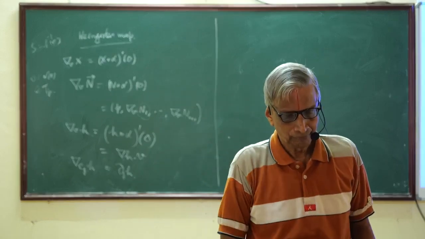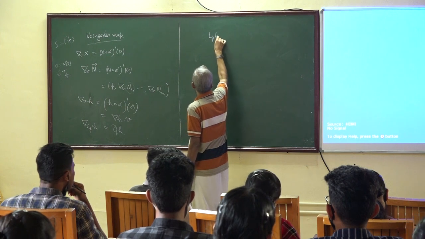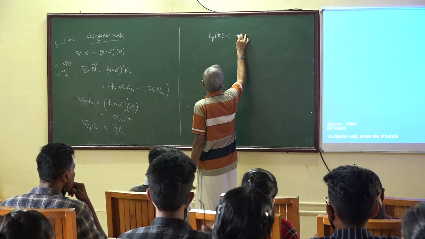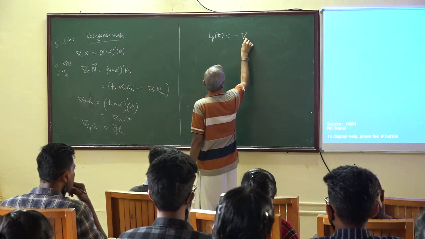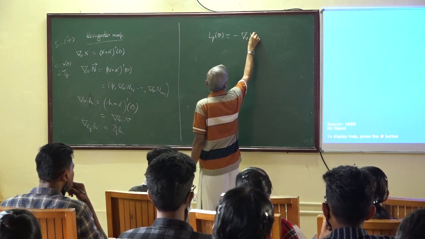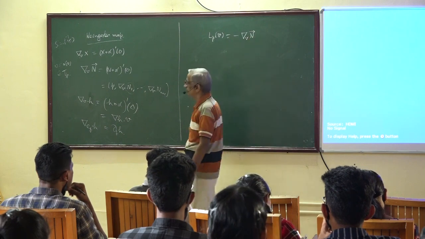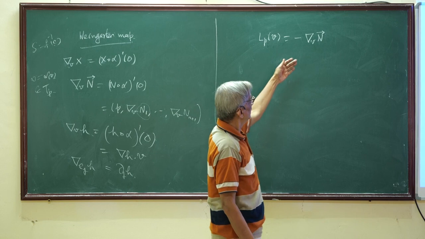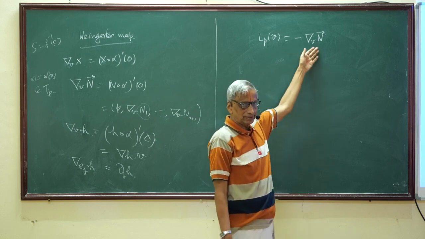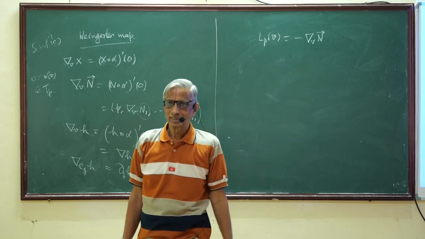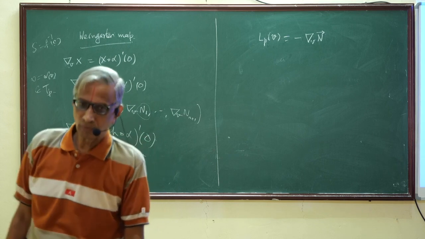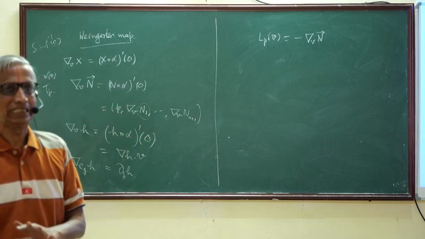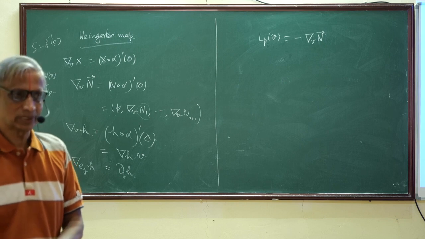So our definition of LP was this. We want to see, first of all, where this object lies, right? We want to say, in fact, that it is in the tangent space.